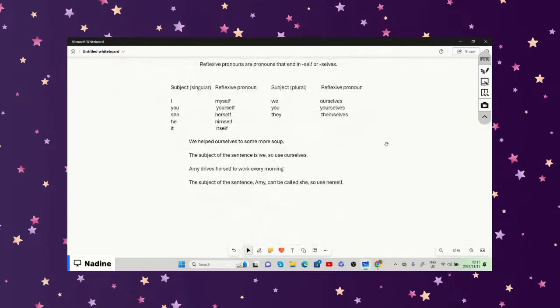All right, so: we helped ourselves to some more soup. It's like basically saying we, which is our plural pronoun, and ourselves is our reflexive pronoun.